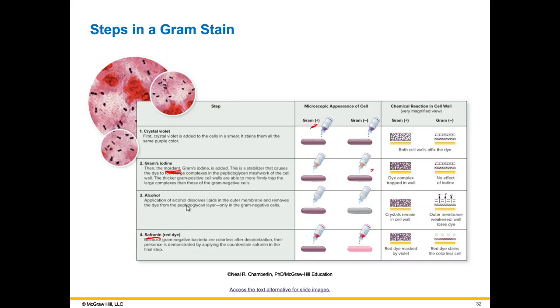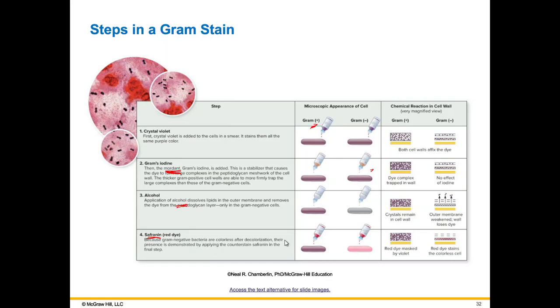So after we rinse and then wash with alcohol, that alcohol is going to dissolve the lipids in our outer membrane that gram-negative cells have, and it removes that dye of peptidoglycan in gram-negative cells. So after we apply alcohol, our gram-positive cells remain purple, and our gram-negative cells are now colorless.